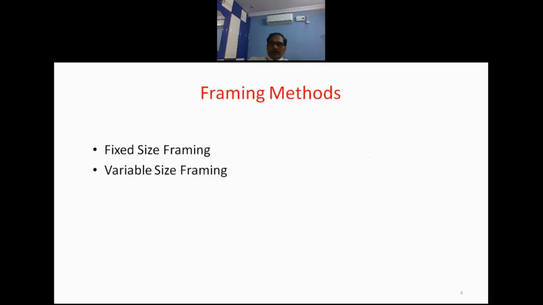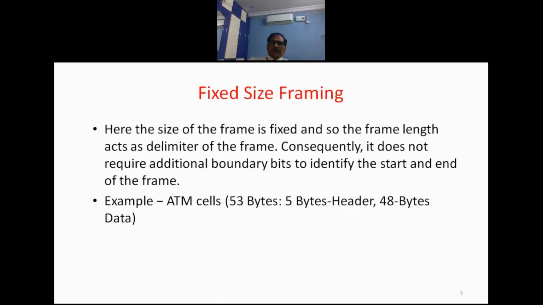Okay, so we'll see one by one how they are. The first is fixed size framing. In fixed size framing, irrespective of the data to be transmitted from the network layer to the receiver side, the network layer sends the information to the data link layer, and the data link layer transmits it in fixed size frames.